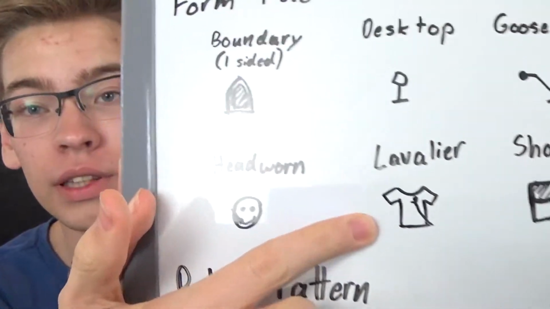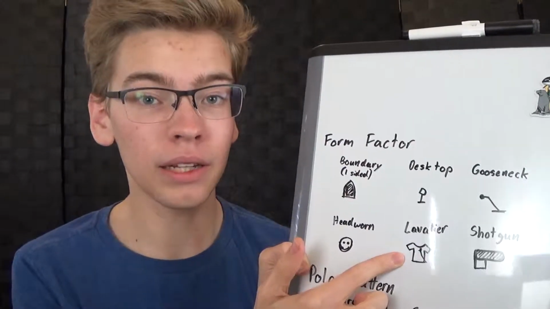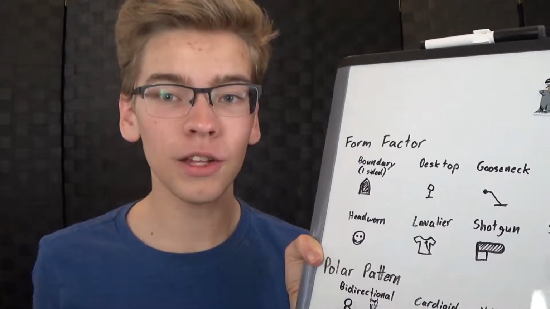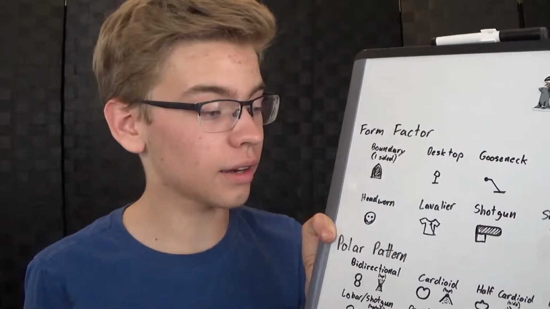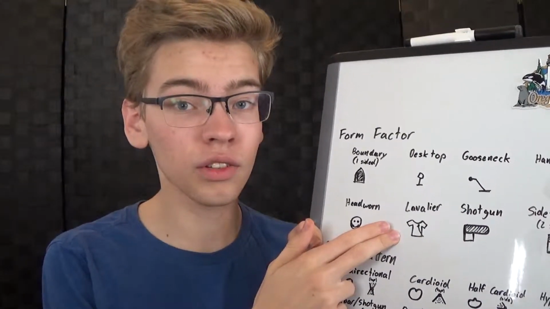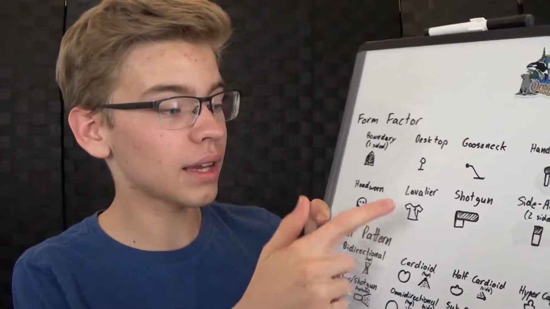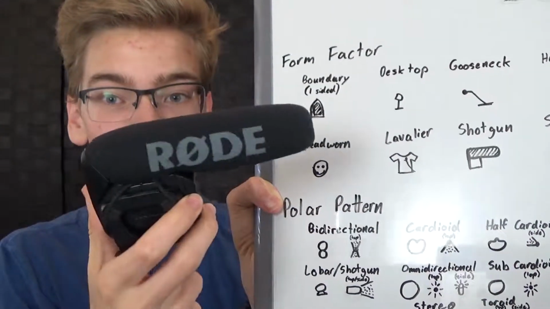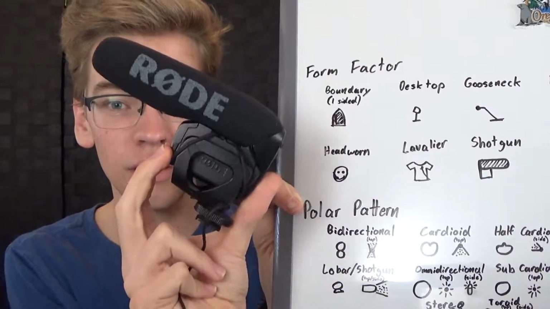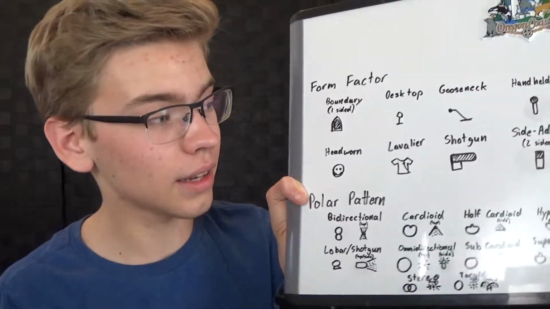There's a lavalier, which people usually call lav mics for short, and they usually clip onto a shirt or your tie or something. A lot of times these are wireless, or you record it to a phone or something. And then you have shotgun, which is like this. I actually have one right here. See, this goes on my camera, and I'll get more to that in a minute.